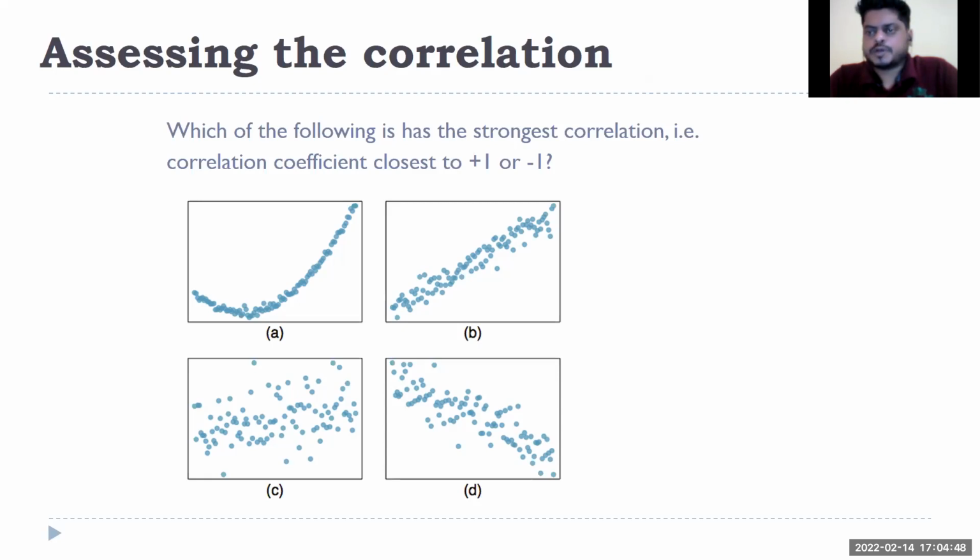And these are the 4 plots. So in the y-axis is the percentage of poverty, in the x-axis the percentage of households with high school graduates, right? So that means, which of the scatter plots out of this chart has the strongest correlation?